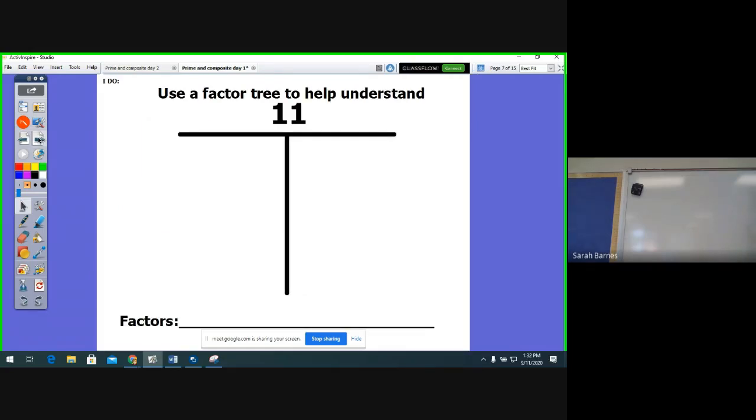Let's try a different way. Let's use our factor tree. Our factor tree is where we write the factors out. We know that in order to use a factor tree, it has to be 1 and 11. But what else? If I multiply 2 factors together to get to the product of 11, what else gives me 11?